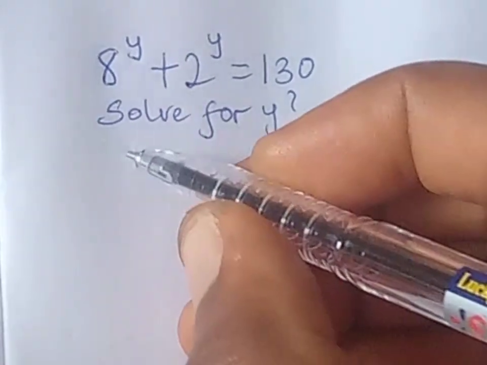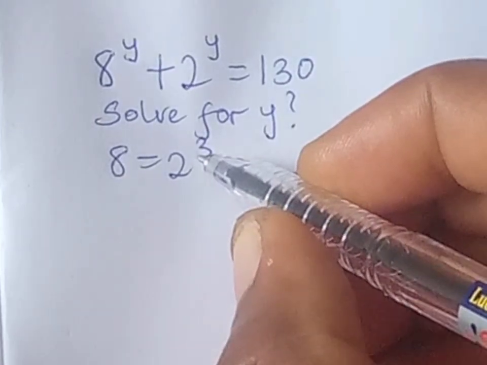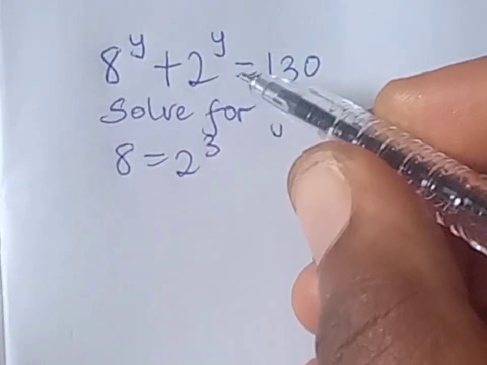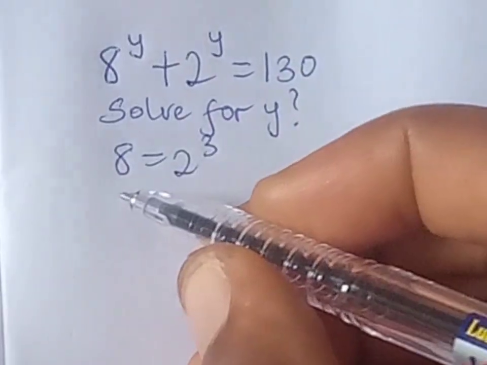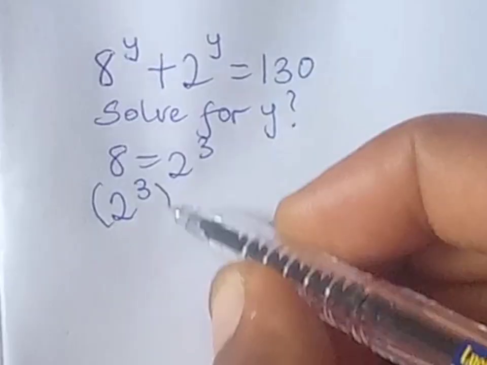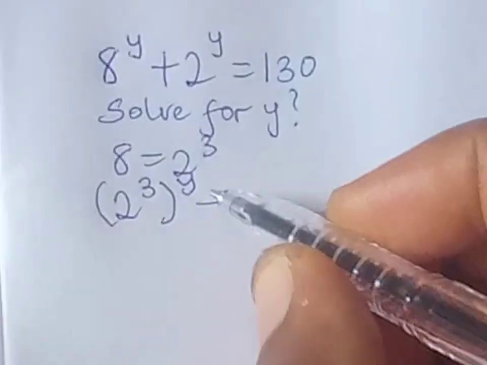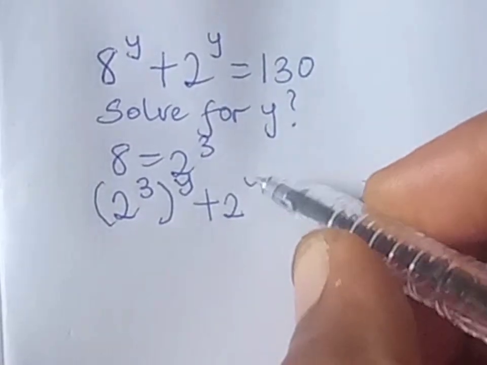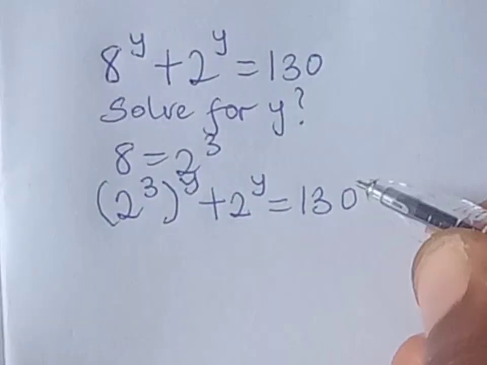Now, since 8 equals 2 cubed, we can rewrite this equation using only base 2, which means (2 cubed) raised to the power of y plus 2 raised to the power of y equals 130.